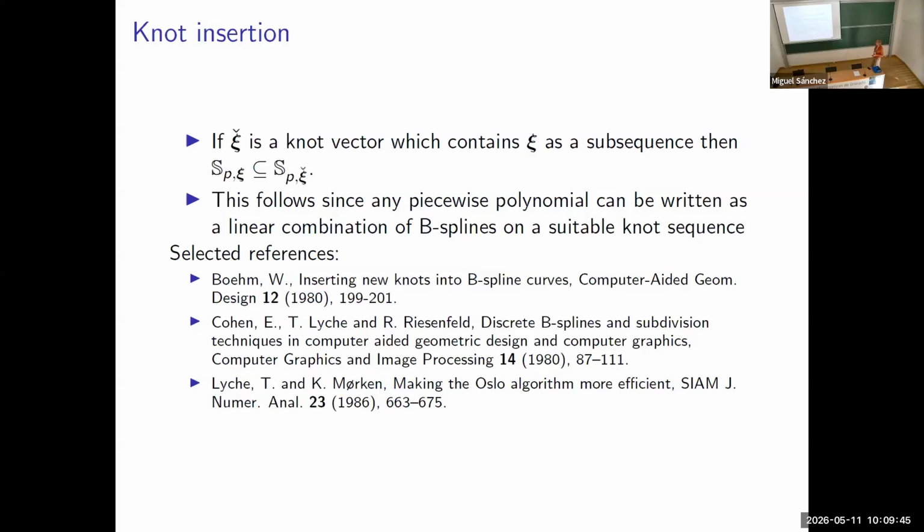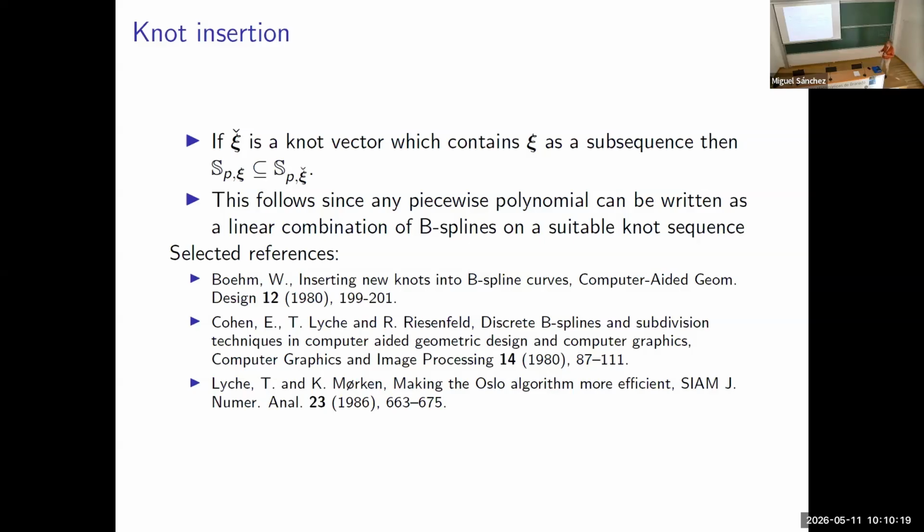This follows since any piecewise polynomial can be written as a linear combination of B-splines on a suitable knot sequence. We're not going into technical details, but if you have a piecewise polynomial of degree p, you can define some knots and B-splines so that this piecewise polynomial is a linear combination of those B-splines.